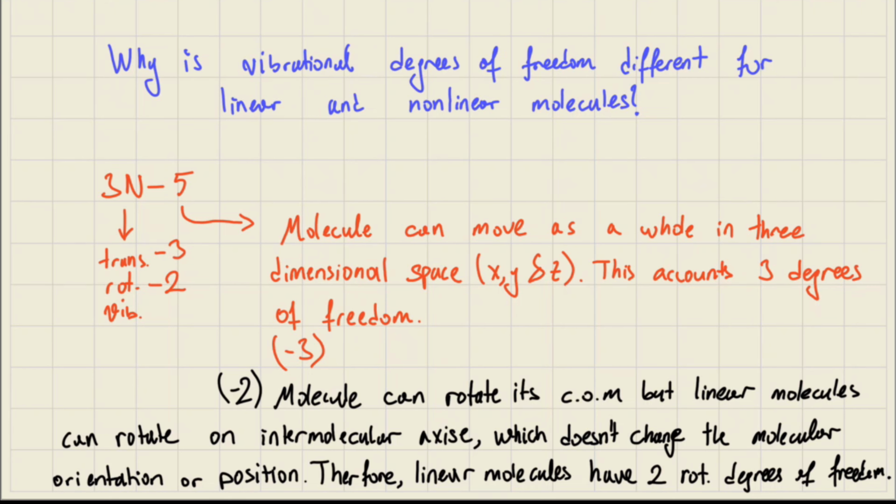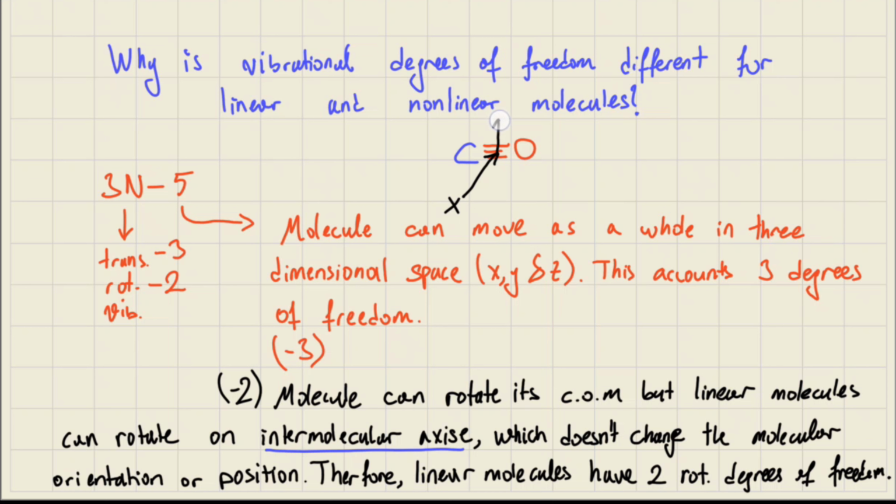And you may not understand what the intermolecular axis is. So for instance, we have a CO molecule. CO has a triple bond with the oxygen, and if you rotate the molecule, for instance here, which is, for instance, the x coordinate, the orientation of the atoms will change.